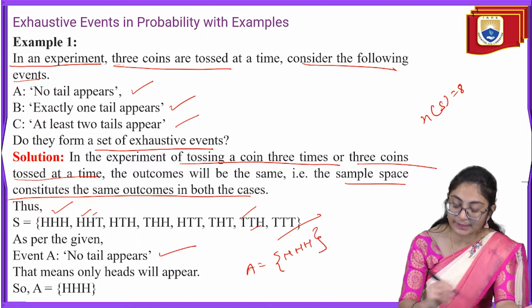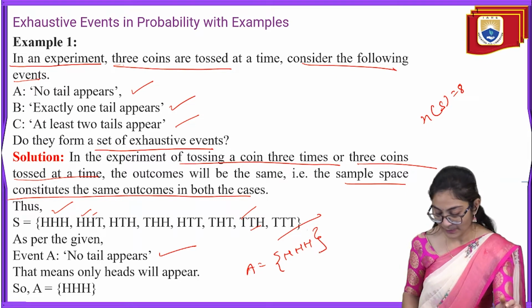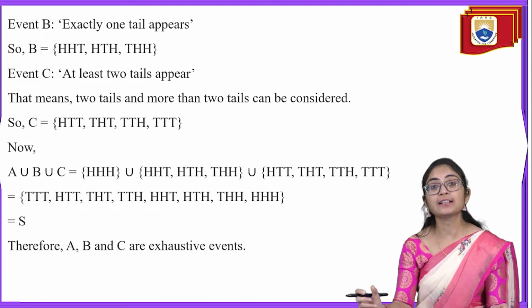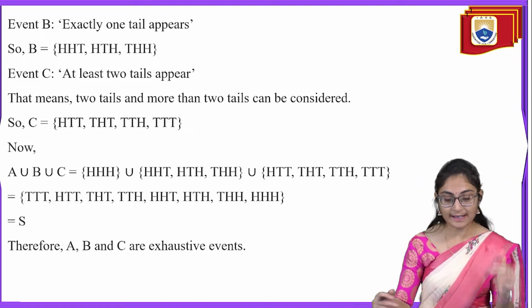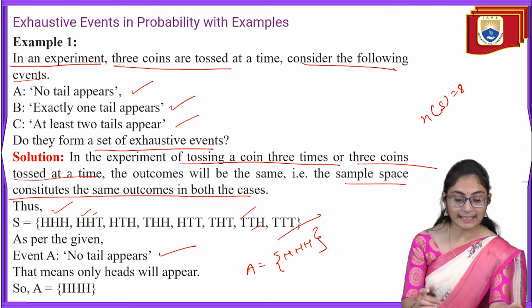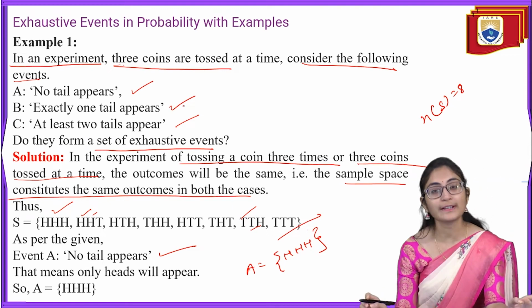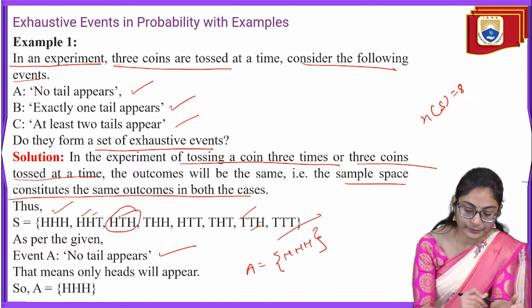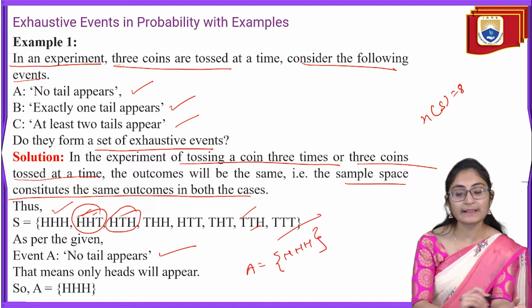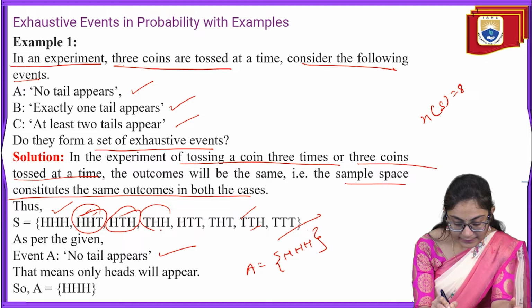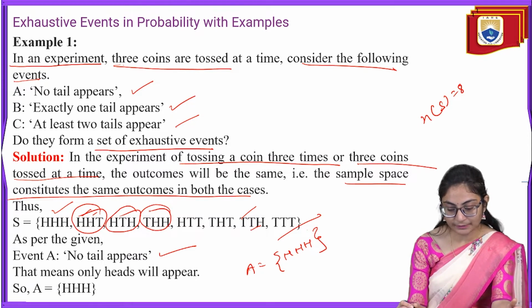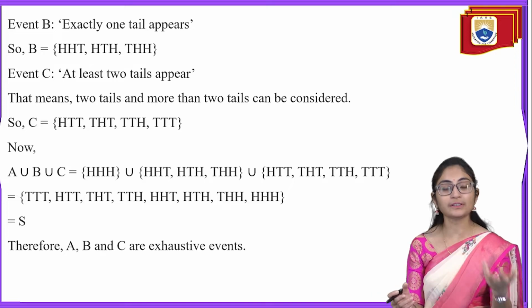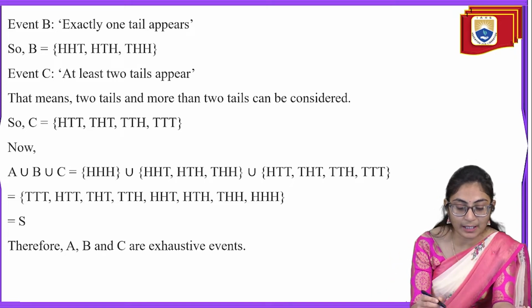That means all 3 coins are heads. The second one asks that exactly one tail appears. Exactly one tail means these are the second event and the third event. So there are 3 outcomes with exactly one tail.